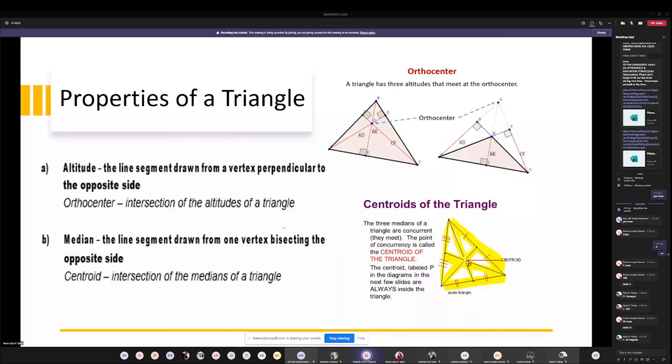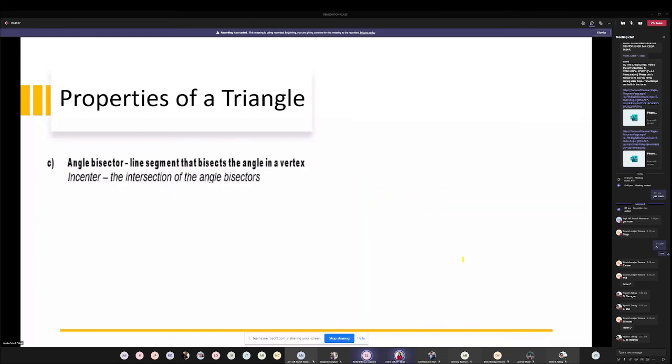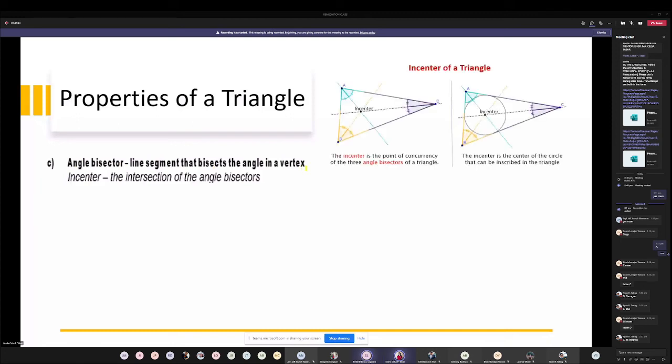Another property is what we call the angle bisector. The median bisects the side, but here it's the angle that is being bisected, hence angle bisector. It's a line segment that bisects the angle at a vertex. We have here an example.